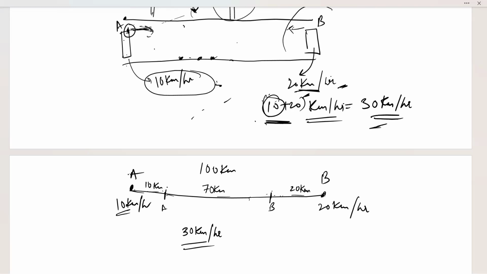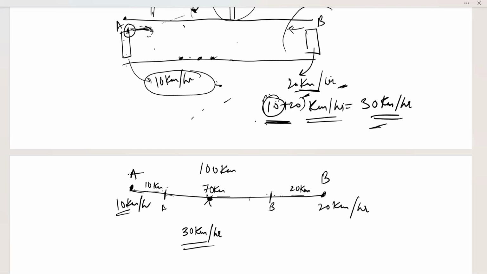This can also be understood as both of them trying to reduce the distance. Both are working from both ends, covering as fast as they can. When they cover the entire distance together, they will meet. When the meeting point comes, both will meet at this point at the same time.